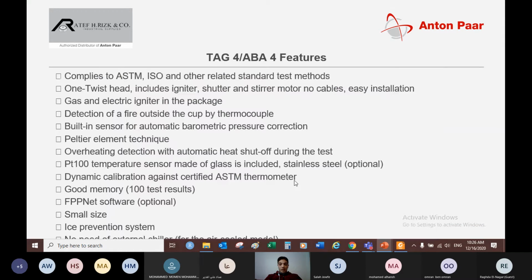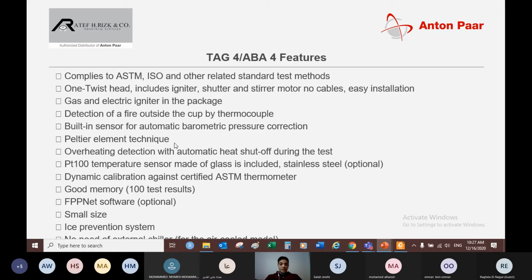The features of both instruments are many. Some of them: it complies with the standard methods, ASTM and ISO, and it has one twist head, no cables needed to install the instrument. This is why the installation is very easy, and you can open and close it very easily like this without any training. We have gas and electric igniters, and we detect the fire outside the cup by thermocouple, and we have a sensor to correct for the pressure.